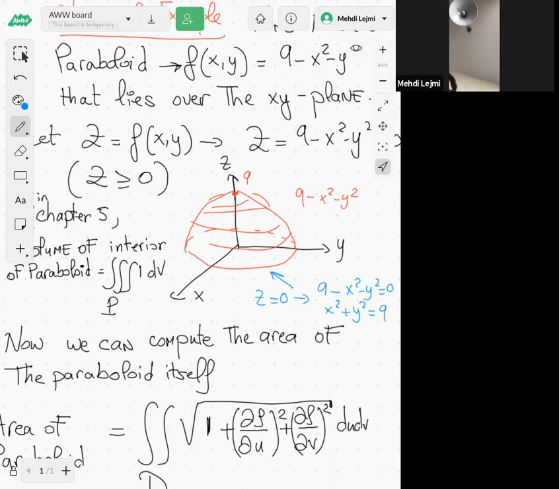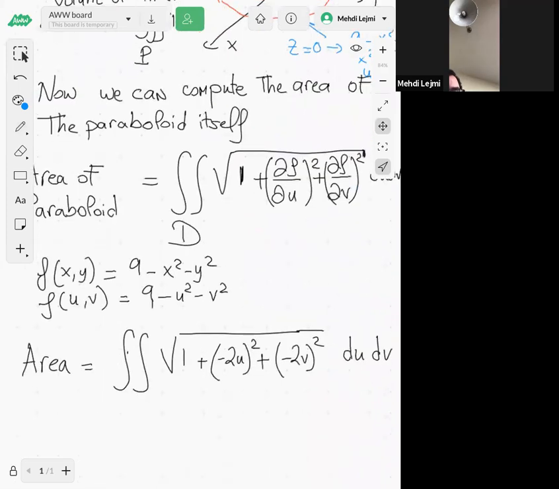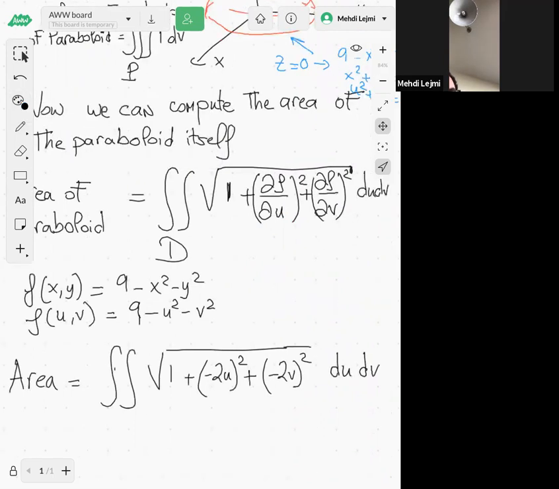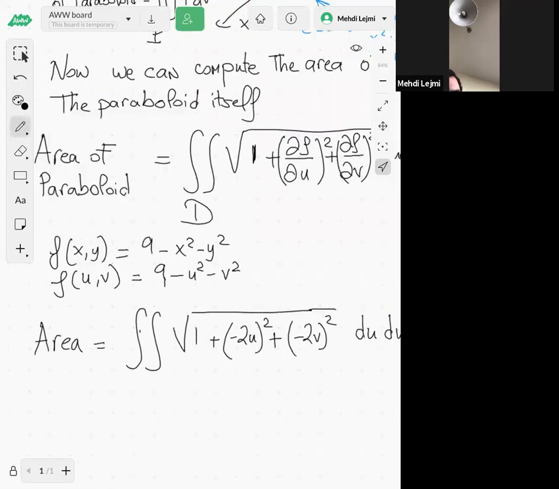Or if you prefer, that's u squared plus v squared equals 9. So what I'm saying is that u and v are just in this circle of radius 3, right? So the region D is just the interior of the circle.